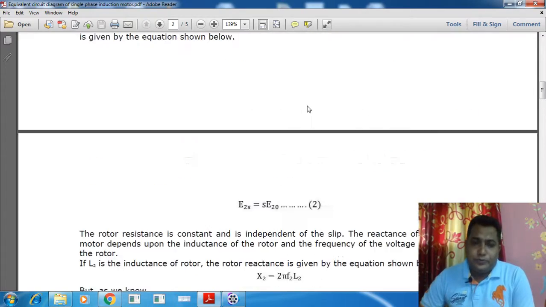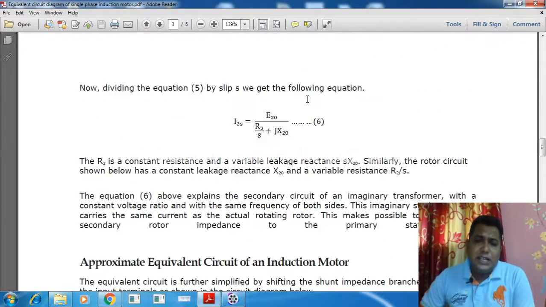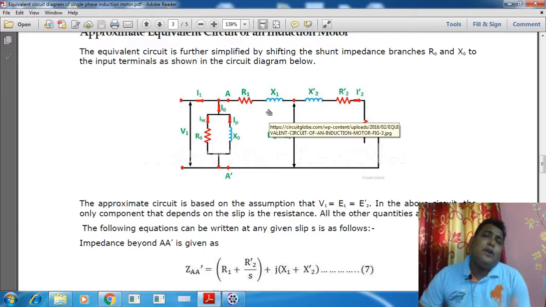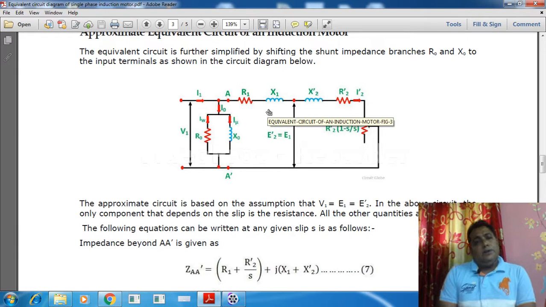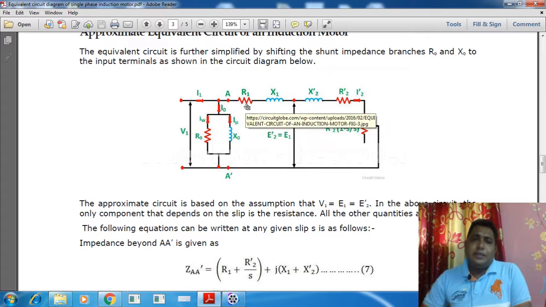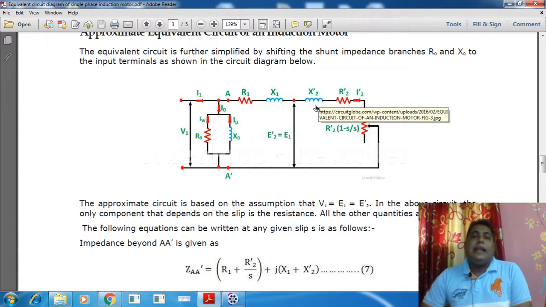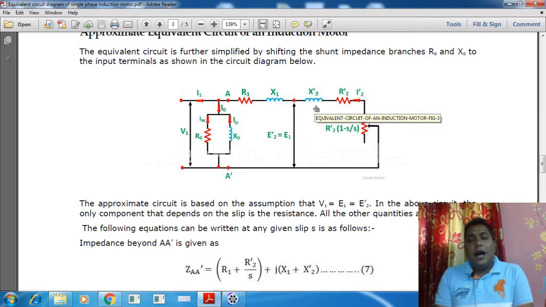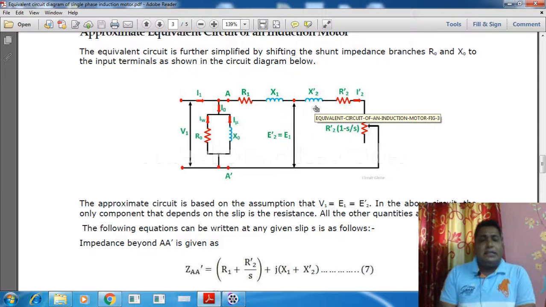Now, for the simplicity of the calculation, we have shifted the shunt branch component to before R1 and X1. Why have we done that? So that the R2 and X2 components, the rotor components referred to the primary, can be added directly to R1 and X1. For that purpose we have shifted the shunt component.